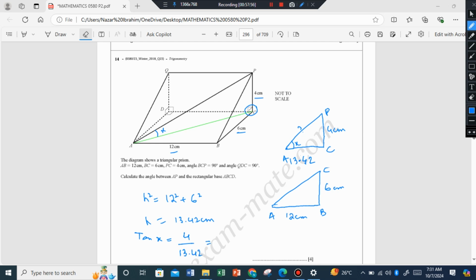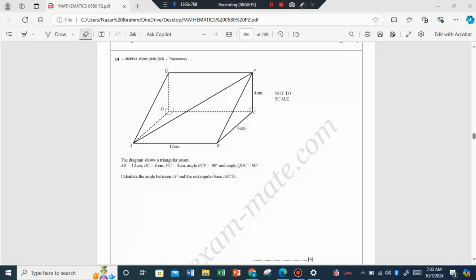Solving this, to take out the angle, I put it in the calculator, simplifying it using tangent inverse, and I am getting 16.6 degree, right? Clear? Okay. We move on to the next question.